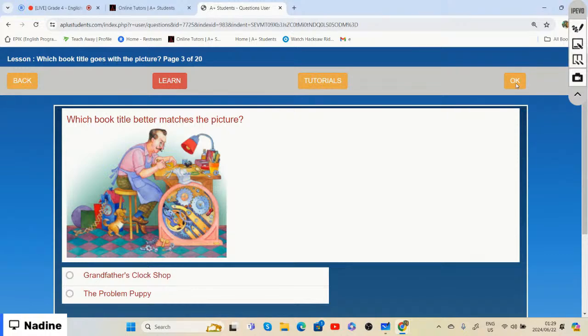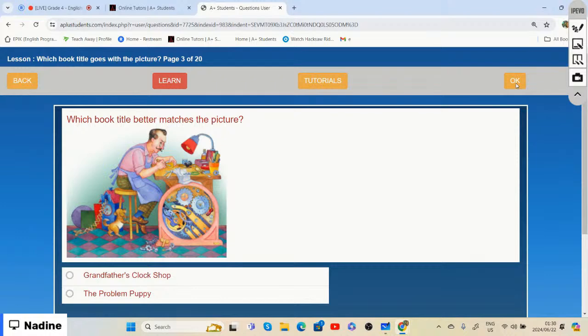The next one says, which book title better matches the picture? All right, so we need to say which book title better matches this picture that we see over here.